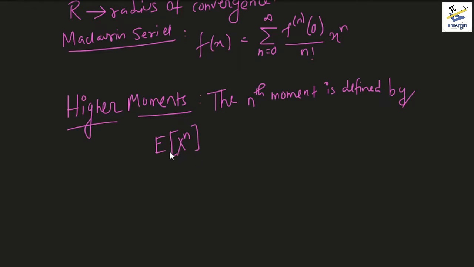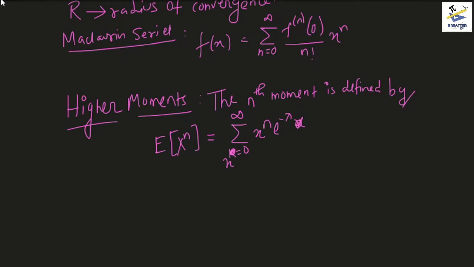And as I've already said, if you remember the LOTUS theorem, that is the law of the unconscious statistician, it says that whenever you have an expectation of a function, it basically means you need to sum over all the values of the random variable like this, and you multiply the function with the probabilities. So X to the power n into e to the power minus lambda.